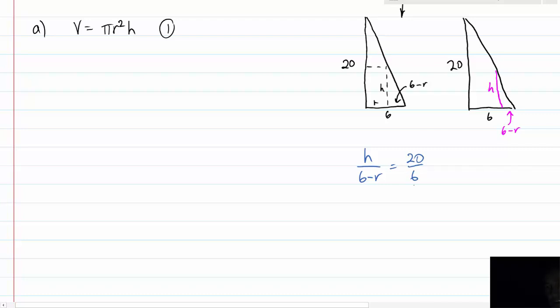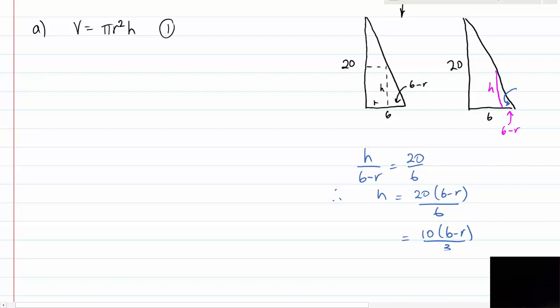There's a direct ratio in my similar triangles. This could probably be built up through a trigonometry based argument as well if you let theta equal this angle in here. So that leads to h equals 20(6 minus r) over 6, and that leads to h equals 10(6 minus r) over 3.